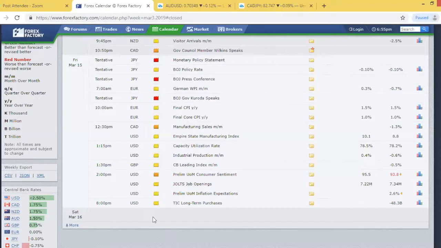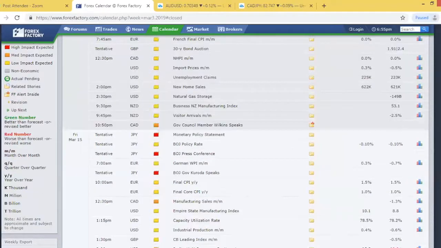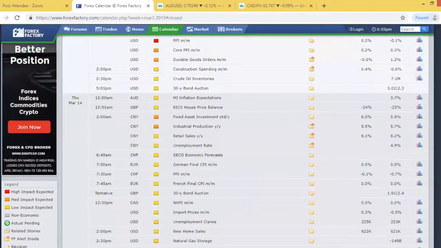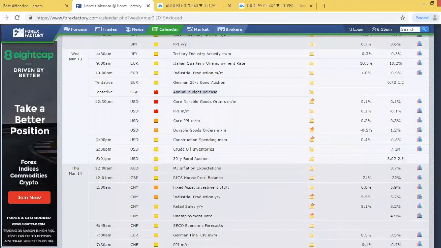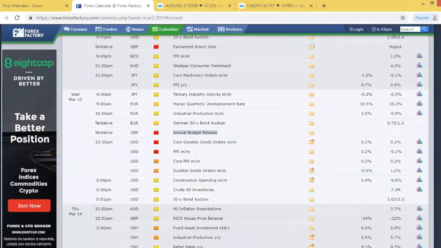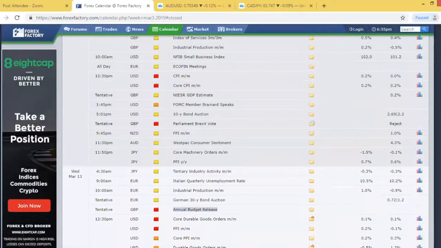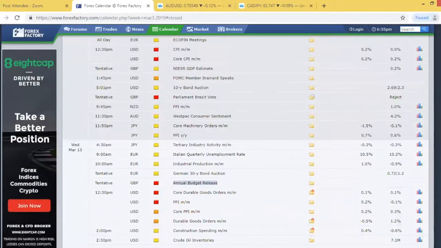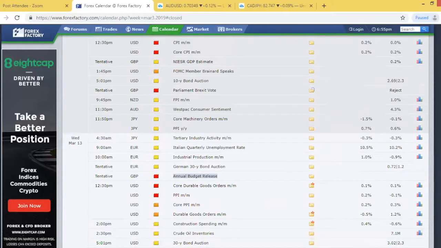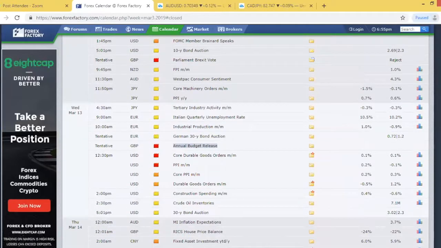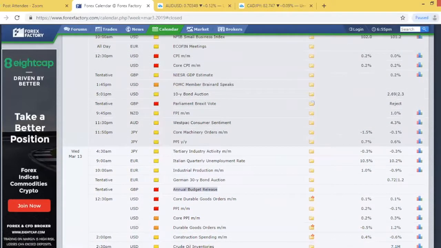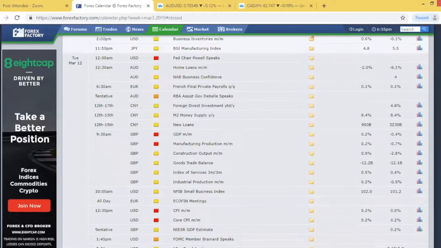So guys, just a couple of major events. The Bank of Japan data there, I would expect that to be pretty standard. It's more Tuesday and Wednesday with the pound, with the Parliament Brexit vote, and the annual budget release on Wednesday as well.